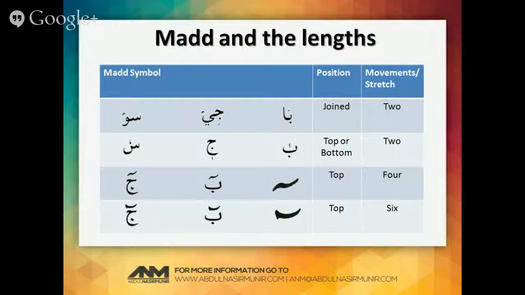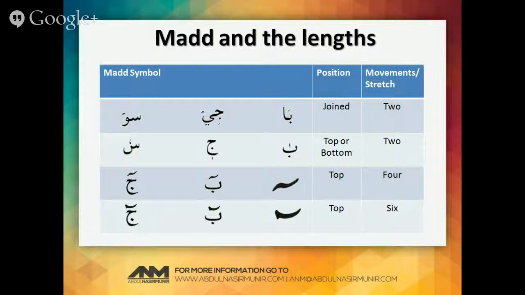Now these are the positions where the mad is joined. So alif, ya and waw are joined with the letters ba, jim and sin. Hence they elongate these letters. So the position column is telling you where these mad letters, the mad symbols, are joined. And how many movements or stretch do they have?